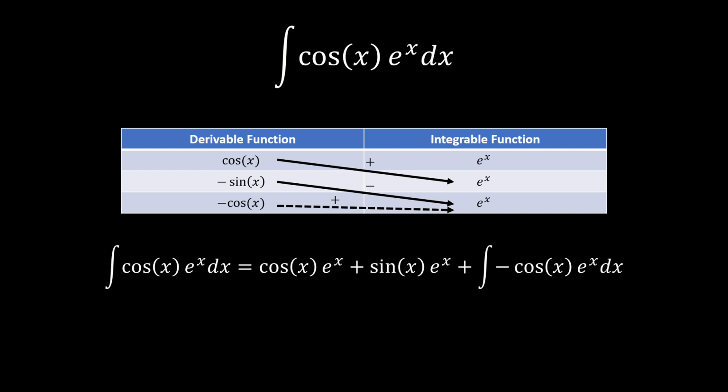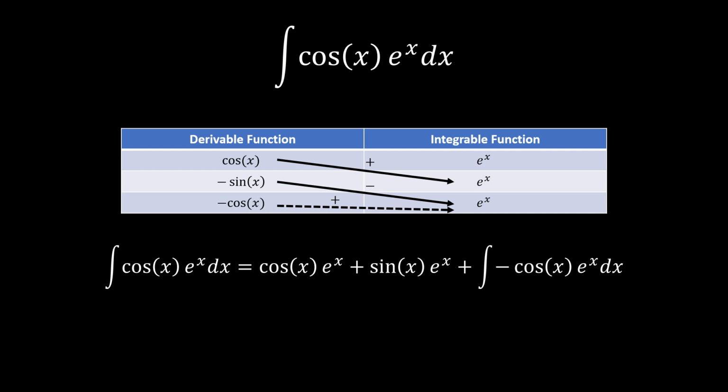And for the bottom row, since we're not multiplying a diagonal but horizontal, we're going to take the integral of that product, the integral of negative cosine of x times e^x, and because this is our third term in our tabular method, we'll still alternate the sign by multiplying by positive 1, as if it was another diagonal.